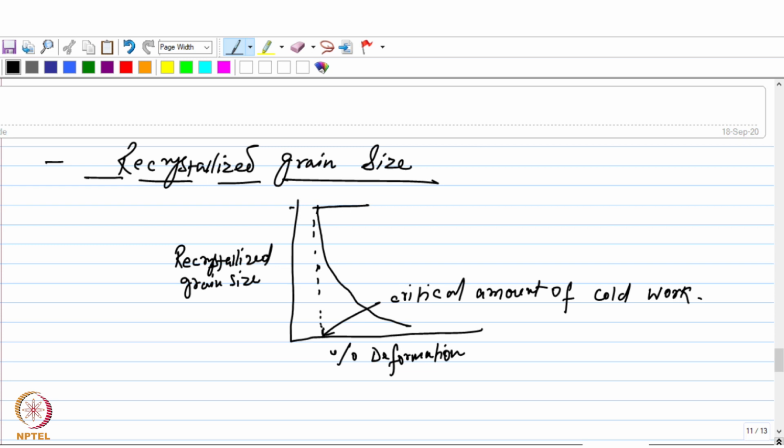Okay, so this is what is known as the primary recrystallization, which occurs by nucleation and growth. But now, once these recrystallized grains have formed, if you continue to heat the material or hold it for a longer time, then what is going to happen?